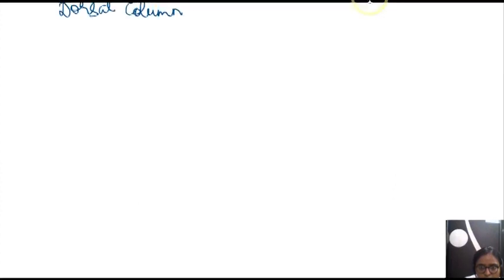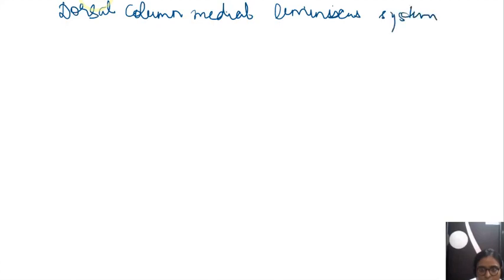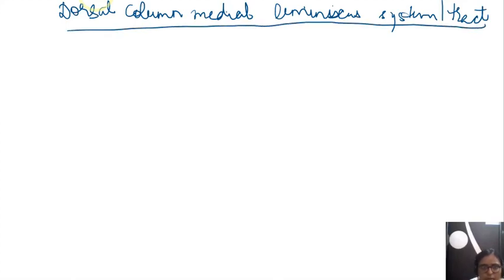These are also called the dorsal column medial lemniscus system or the tract. Fine. And you know why it is called? Because, we will see that in detail. But for now, you know that it is situated in the dorsal white column. So this is called the dorsal column, medial lemniscal system.